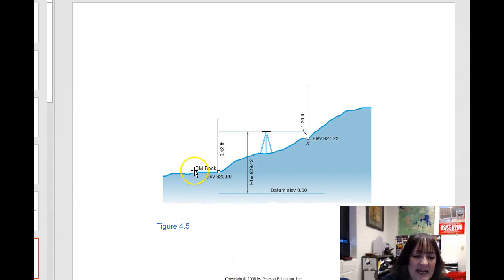So if we're taking an elevation difference between a rock and some other random spot, when you have something that's fairly fixed in location, we refer to that as a benchmark. So this rock with the prefix BM, BM just stands for benchmark, indicates that the rock is fairly permanent. Determining permanency is a relative term.